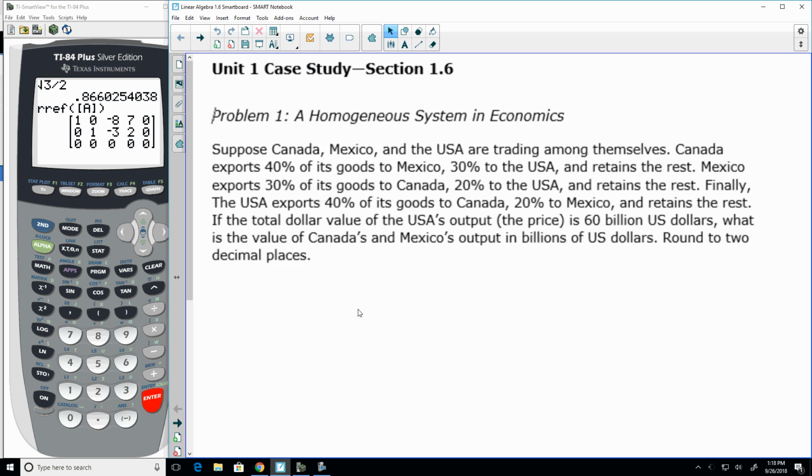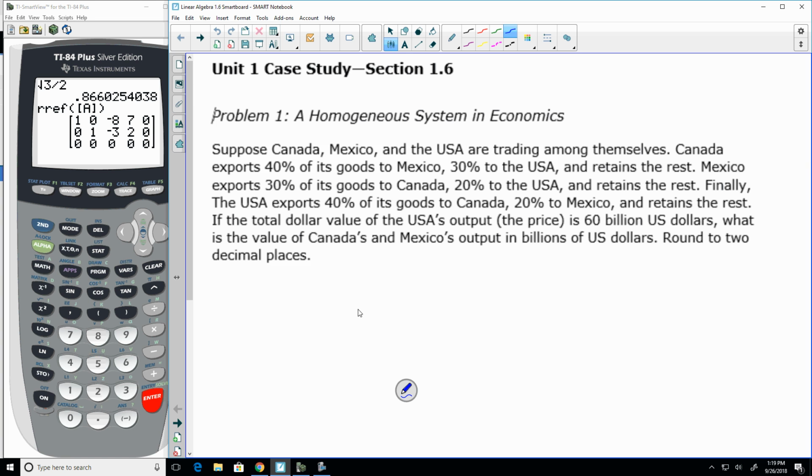Finally, the U.S. exports 40% of its goods to Canada, 20% to Mexico, and retains the rest. If the dollar value of the USA's output is 60 billion US dollars, what is the value of Canada's and Mexico's output in billions of US dollars? We're going to round to 2 decimal places.